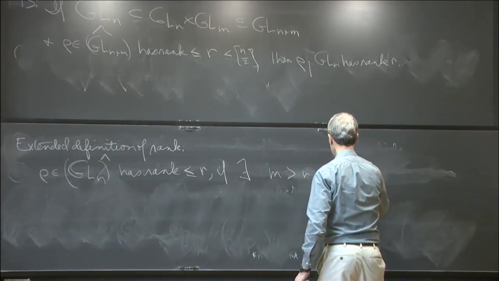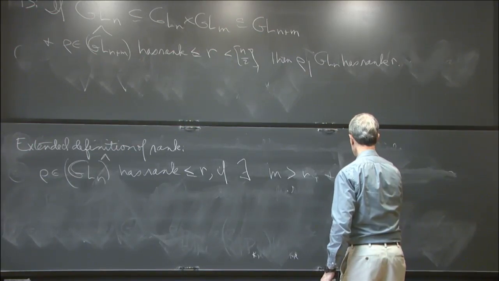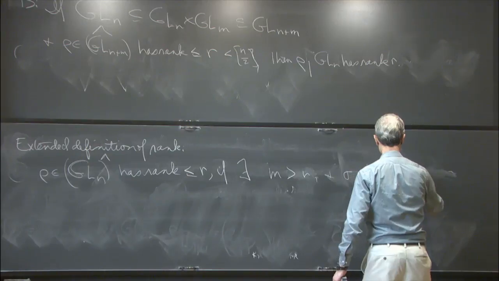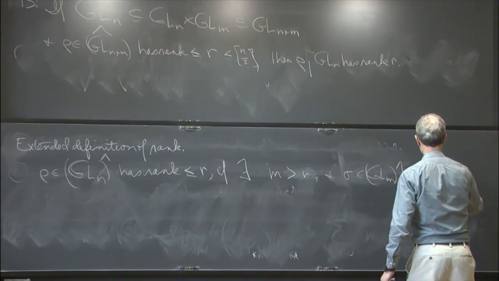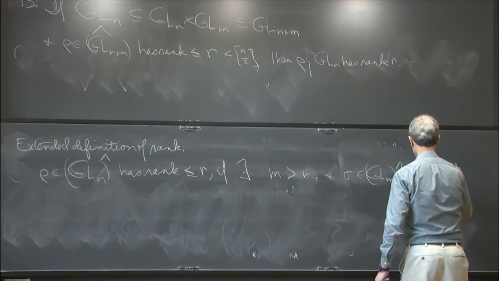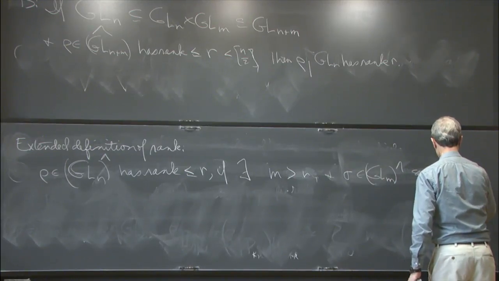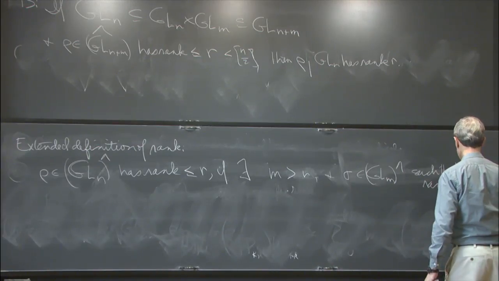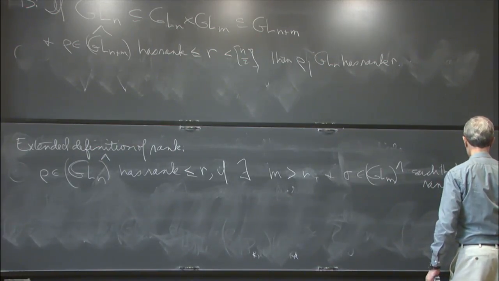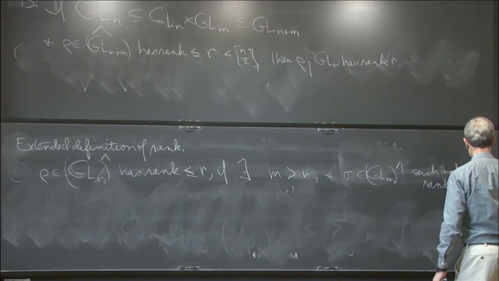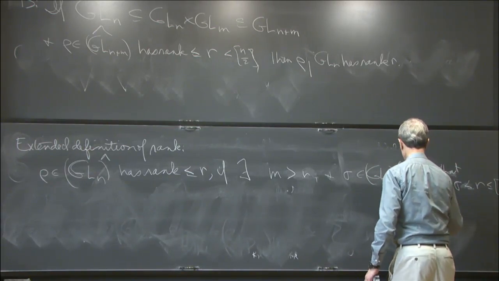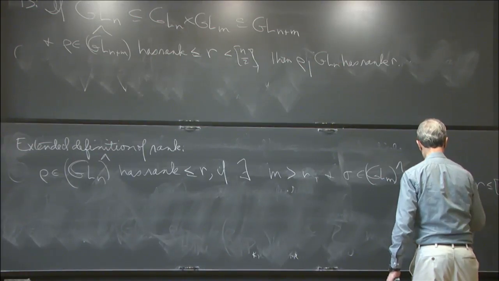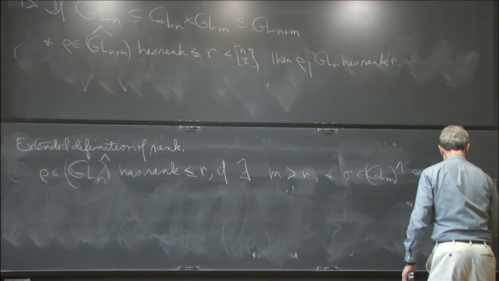And some sigma, say in GL_M hat, such that rank sigma is less than or equal to R, which is less than or equal to M over 2. And rho occurs in sigma restricted to GL_n.